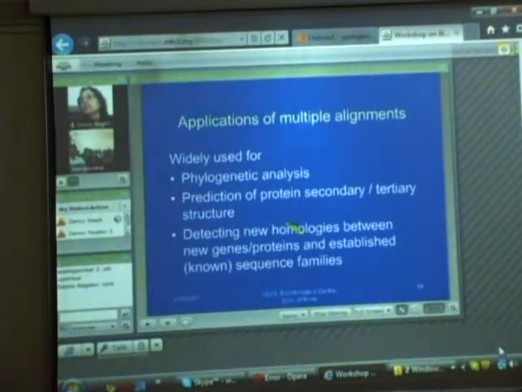And if you get a good multiple sequence alignment, then you can say that the query protein belongs to a particular family of proteins, and you can assign the function of the other proteins which are already known to the new protein. So for function assignment, for structure prediction, this is a very, very useful strategy.